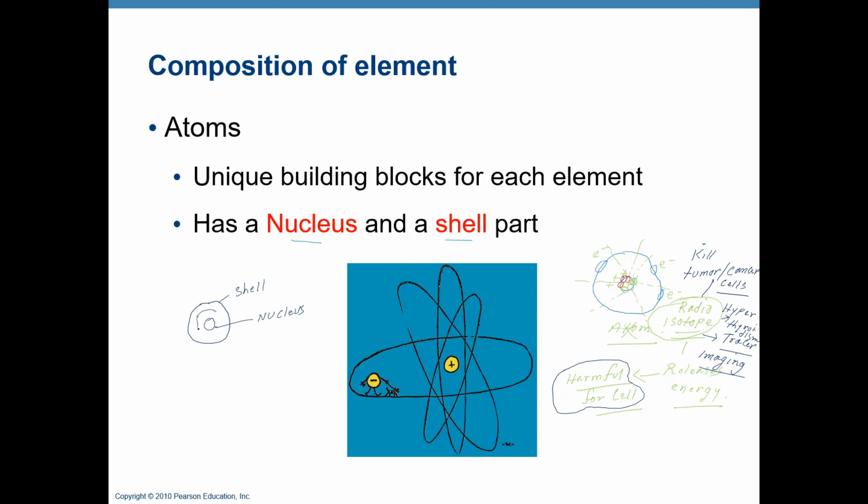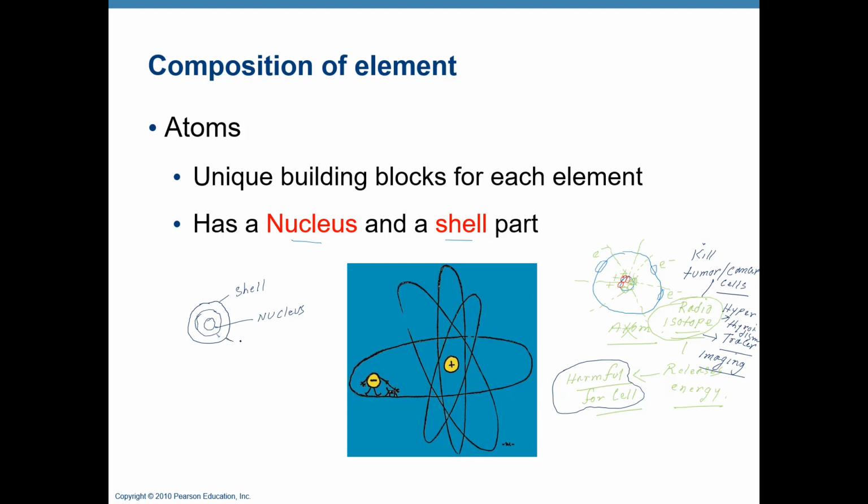So for example, this one has two shells. Okay, there could be more than two. So this is the inner shell and this is the outer shell. Okay, and the electrons can be present on both shells.